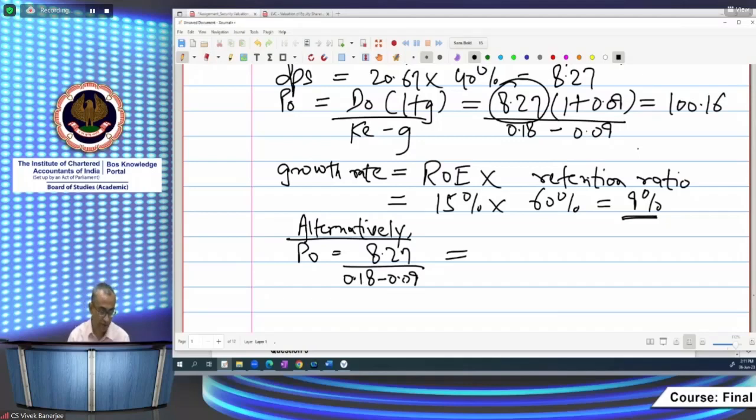So it will be 91.89. So you can calculate it by both these methods. You can multiply it by the 1.09 also, or you can directly take 8.27, because whatever figure has been given in the question, return on equity, it can be safely assumed that the dividend is at the end of the period. Or you can multiply it by the growth rate also. Both of them are correct.